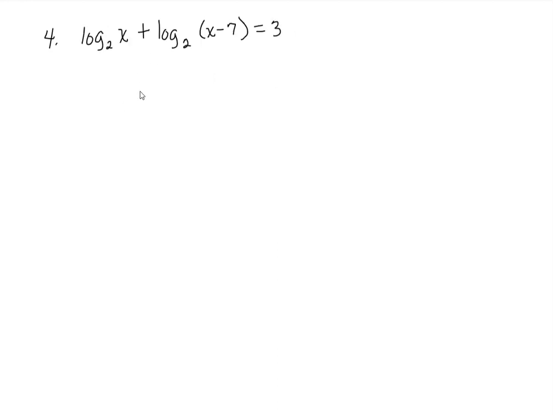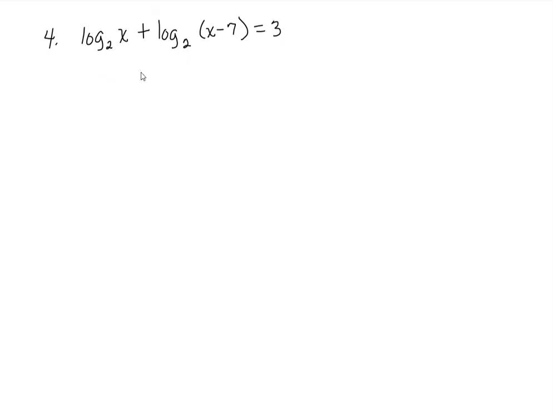Okay, this problem is quite a bit different, actually, to start off with, because I've got two logarithms on one side. So when we solved linear equations, one of the first things we did was to simplify each side before we started looking at inverse operations. And that's what I'm going to do here.